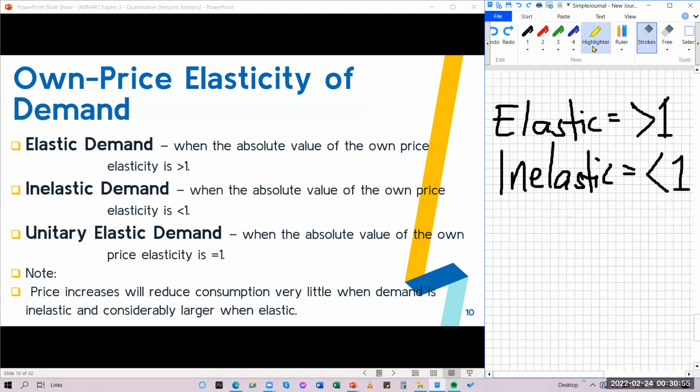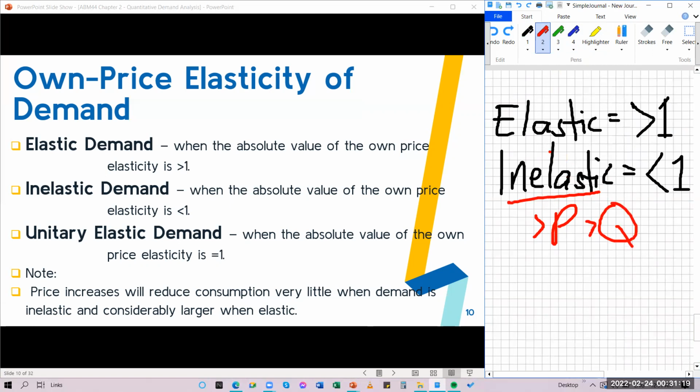Inelastic means, as we know from the interpretation, that if there is only a small change in the variable, for example price, it has only a small impact or change in the quantity demanded.